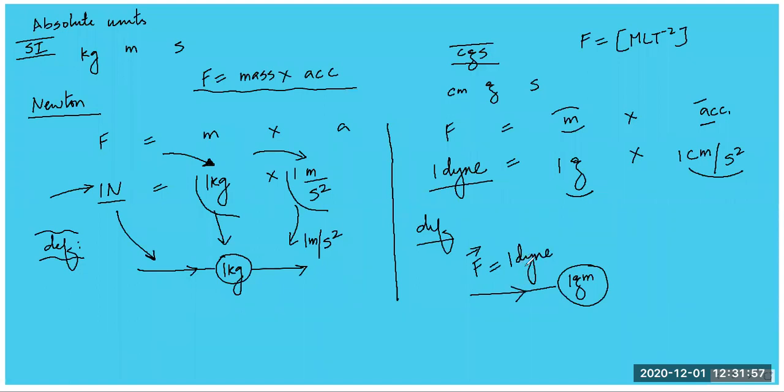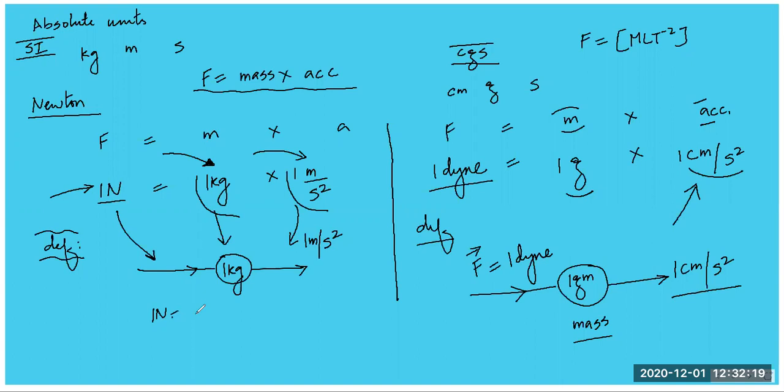That force applied on 1 gram mass is said to be 1 dyne if it causes an acceleration of 1 centimeter per second square.